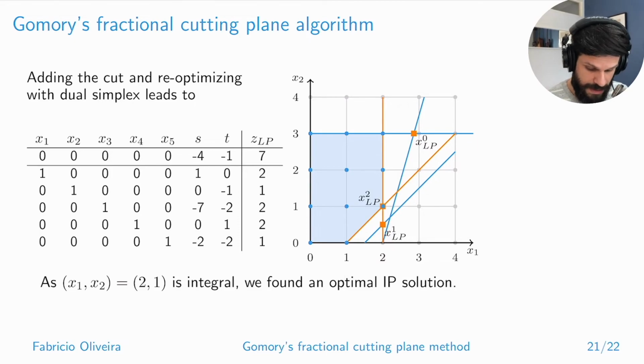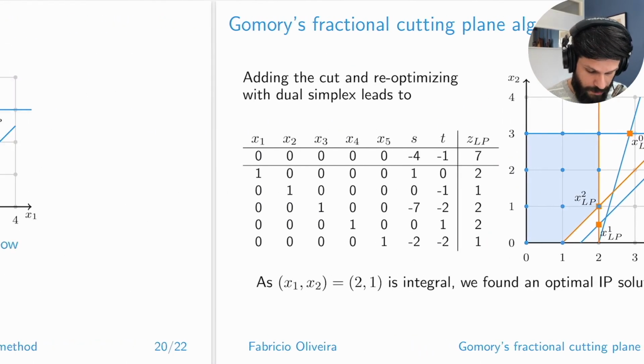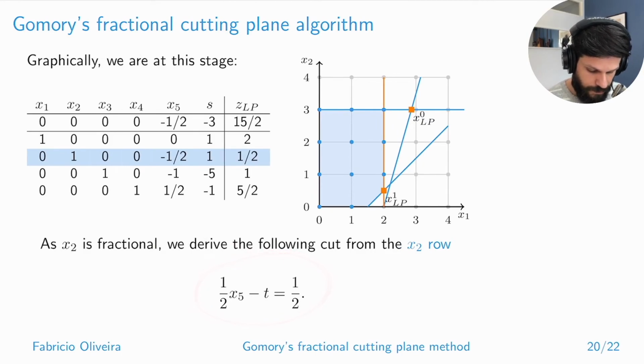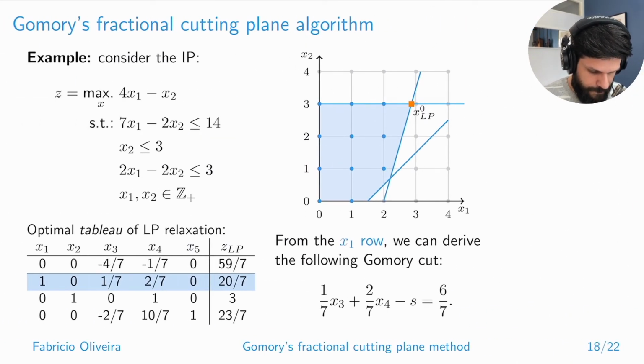You can do the same exercise with the one for x5. So we got half x5 is greater than or equal to half. Just get x5 and substitute with x5 equals 3 minus 2x1 plus 2x2.